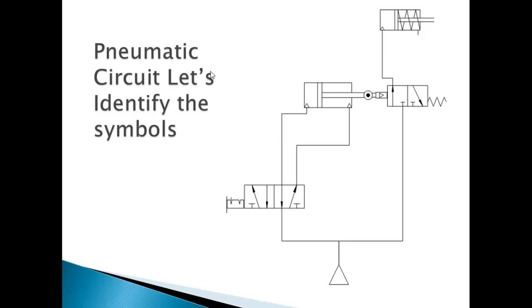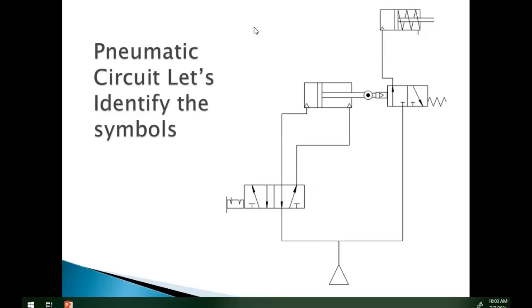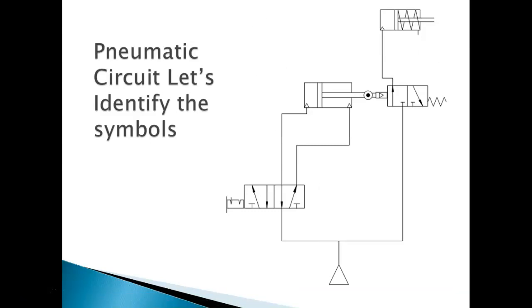All right. So if we're identifying the symbol, first of all, what kind of symbol is this? Not so much pressure control, directional control. It is a directional control valve. This particular one is actually the one I was showing you earlier. It's what is called a 5-2 detent operated.